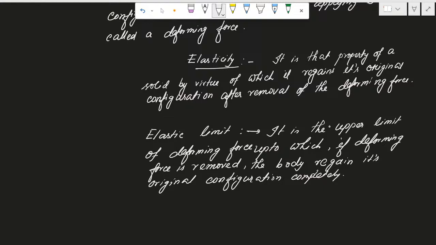But if you apply 100.5, or even 100.05 Newton, and the shape gets deformed, it will not get back to its original configuration completely. So it is the highest value of external force the body can sustain and still return to its original position after removal. Beyond this, it will not completely regain its original configuration. That is your elastic limit.